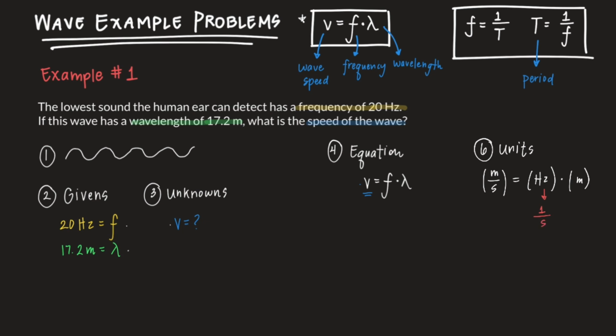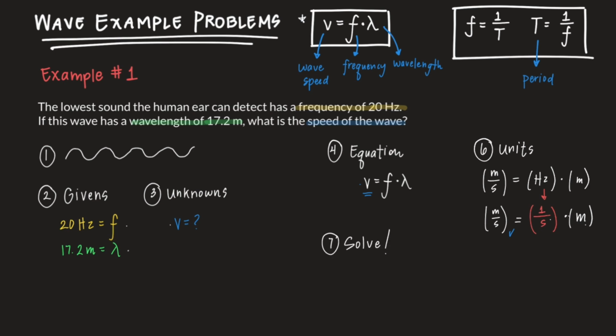Remember, a hertz is the same thing as a 1/seconds. So if we take our hertz or 1/seconds times our meters, we get meters per second, right? Because 1/seconds times a meter is a meter over a second. So the units are going to check out for us. Everything looks good.